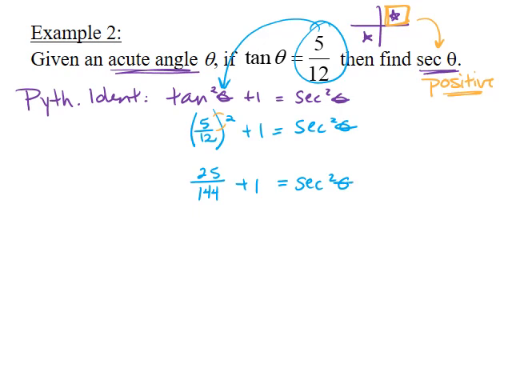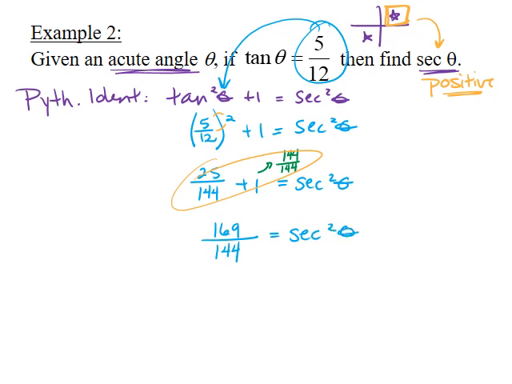Now, it may be helpful to think of 1 as 144 over 144 because that simplifies to 1. If I'm adding fractions, I want to have the same denominator. So when I add those, 25 and 144 give me 169 divided by 144. And again, I'm just adding these to get secant squared.